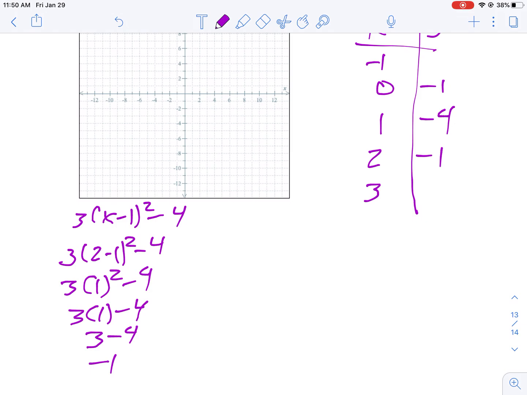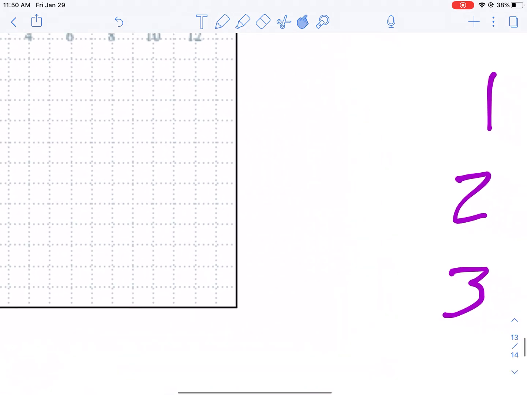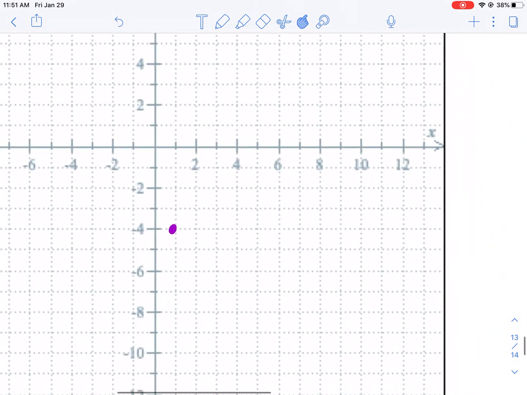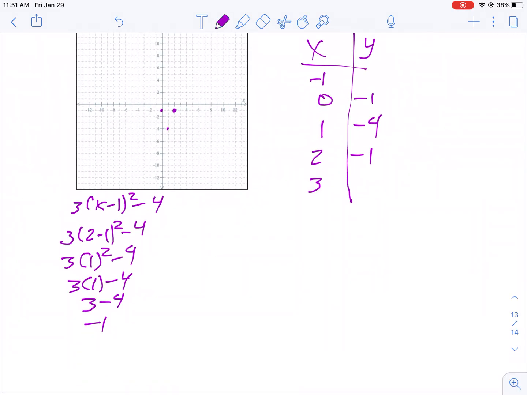So let's plot those. First, we're at 1 and negative 4. And then we're at 0 and negative 1, or 2 and negative 1. Finally, let's do one more. Let's find when x is 3.